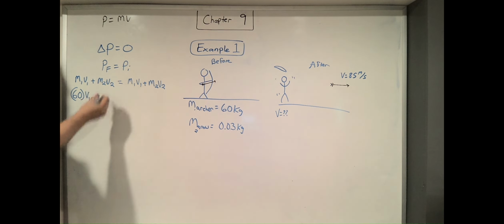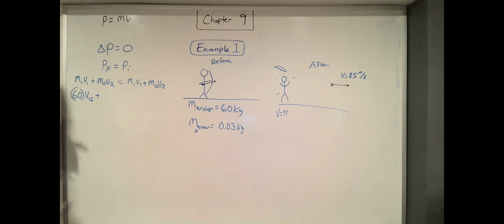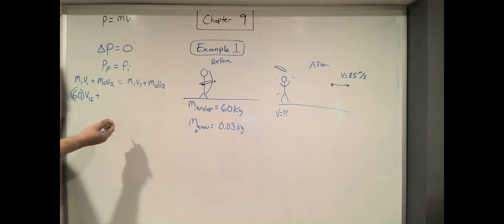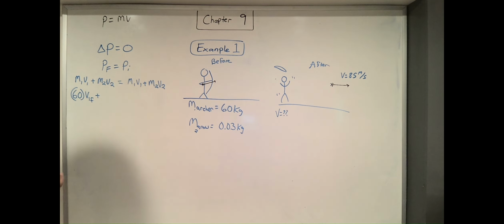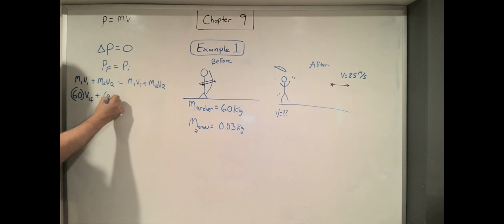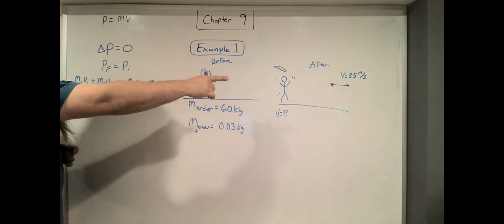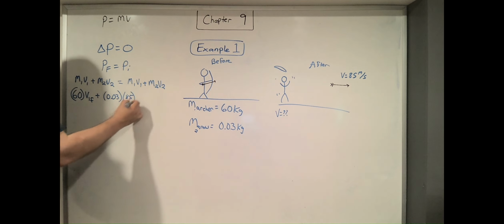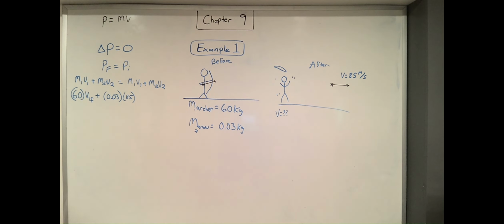Takes care of that. Momentum's rather easy because it's just M times V, but you'll have multiple things going on. So it can get complicated quickly if you have lots of objects. M2 is the arrow. Okay, I have the mass of the arrow. And I have the velocity of the arrow. The velocity is traveling in the positive direction at 85 meters per second. Okay. So I have 85.